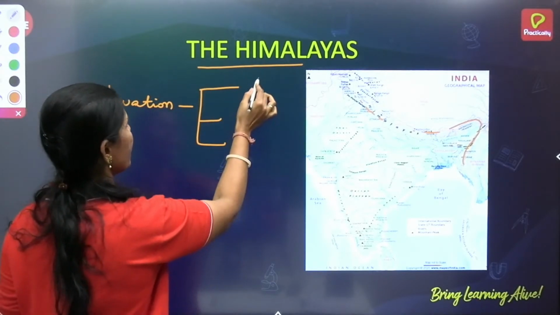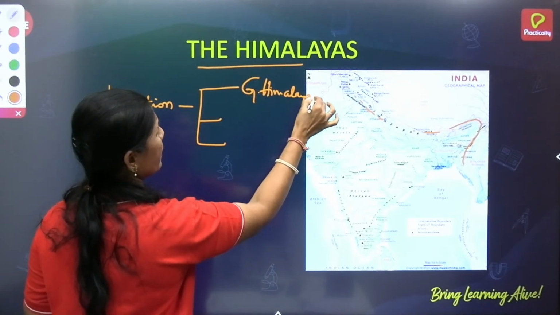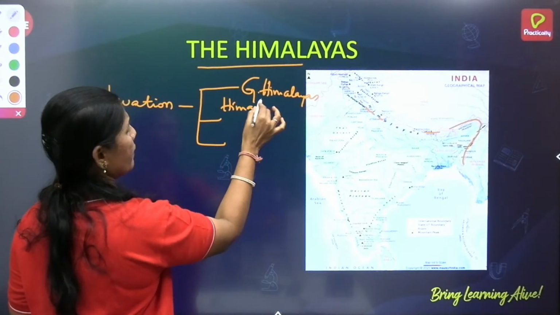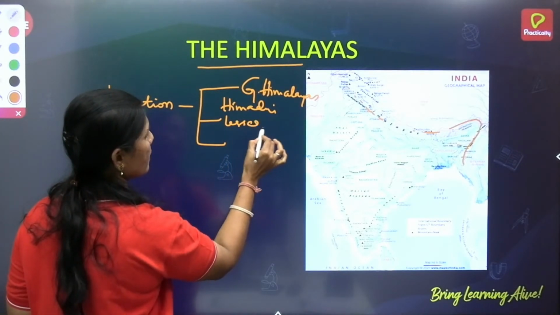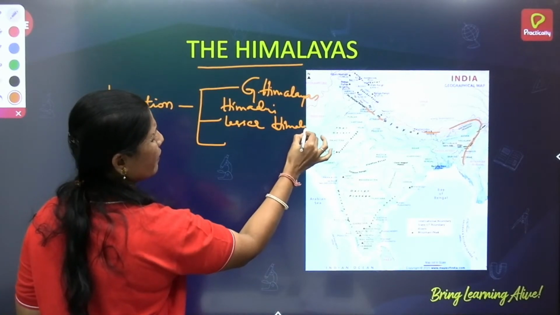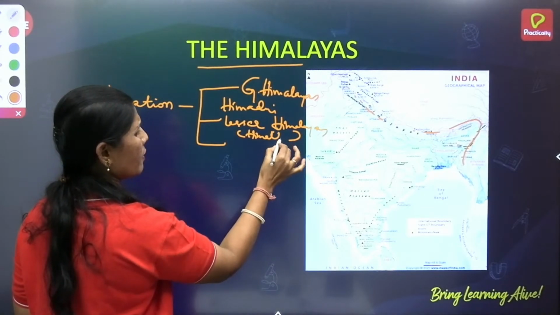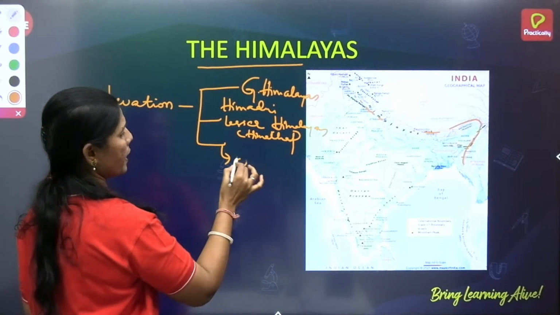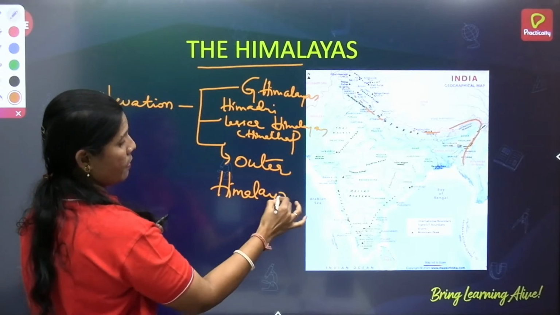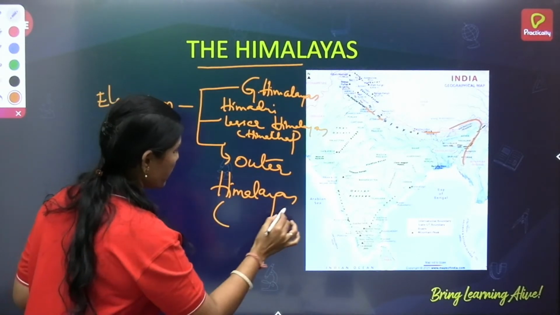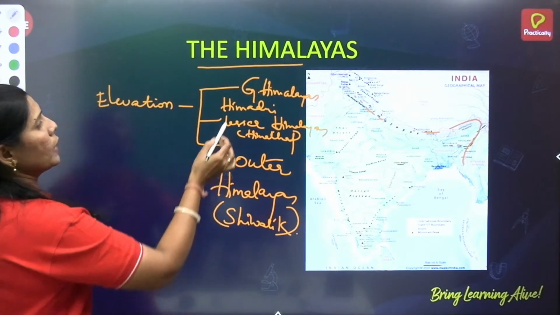The first one, Greater Himalayas, we call Himadri. The second one is Lesser Himalayas, and we call them Himachal. The third one is Outer Himalayas, and we call them Shivaliks. Let us have a look.